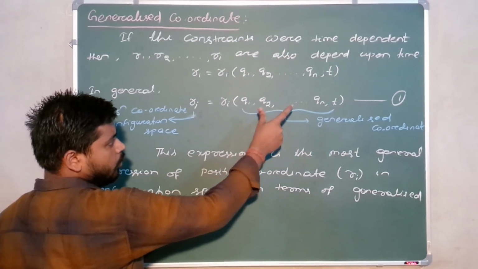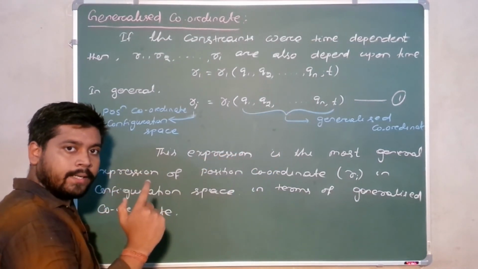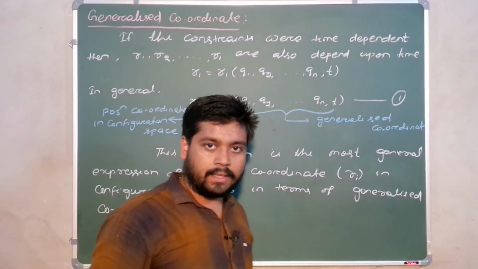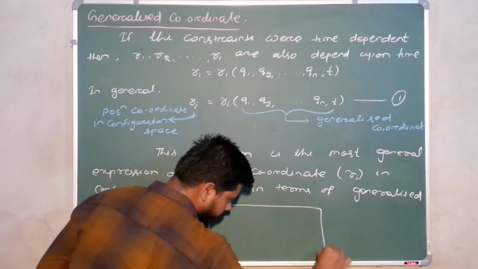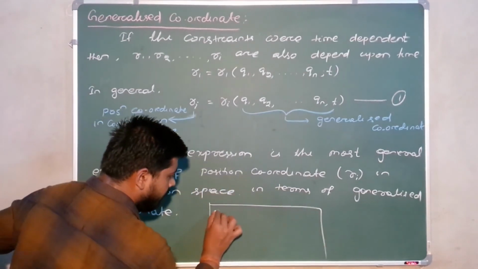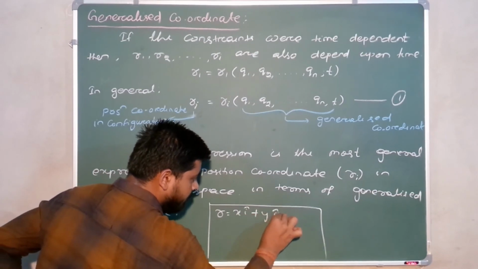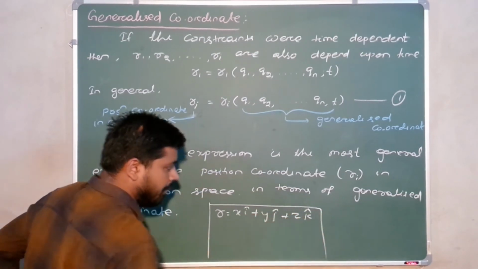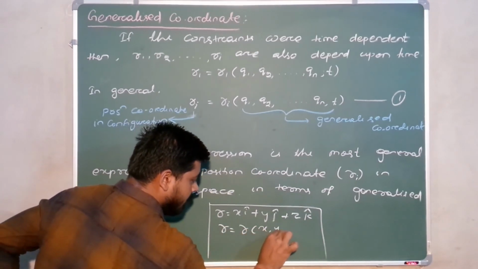This q1, q2 up to qn are just like the XYZ coordinates in Cartesian. Yes or no? We all know. Let's take an example. In Cartesian coordinates we have r equal to x i cap plus y j cap plus z k cap. Yes or no? Here you can write r is a function of x, y and z.